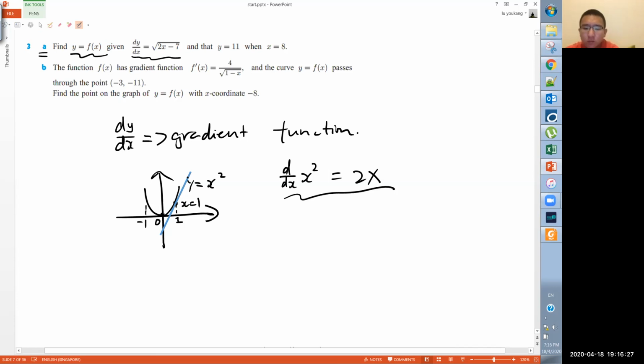If you make use of this gradient function at x equals 1, you're supposed to get 2 times 1. So this means the gradient for this line is, gradient is denoted by which letter, by the way?